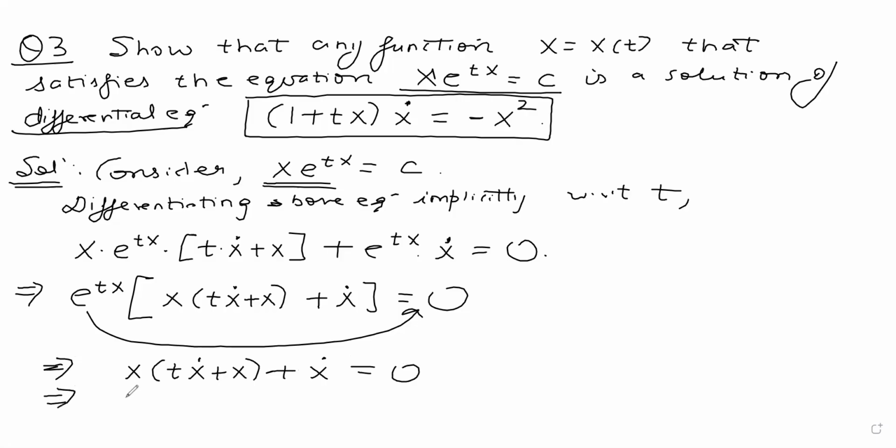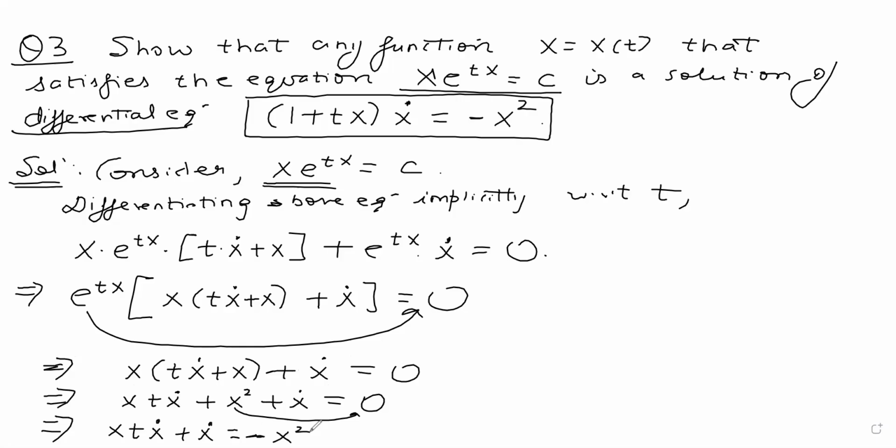So if I further solve it, I get x times t x dot plus x square plus x dot equal to 0. This implies this x square I can take to the right hand side. So I get x t x dot plus x dot equals minus x square. This implies I can now take x dot common.